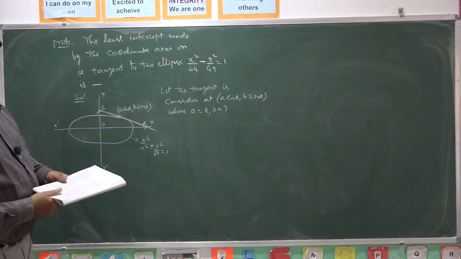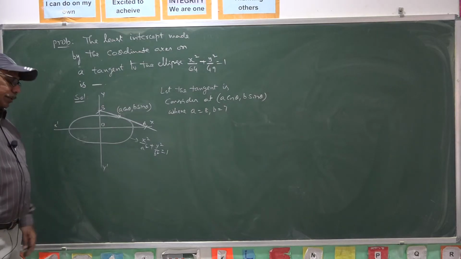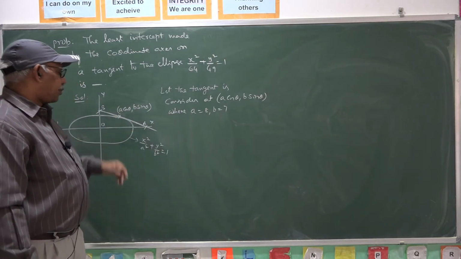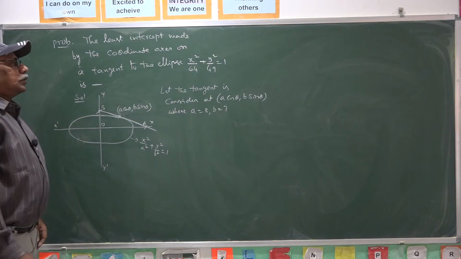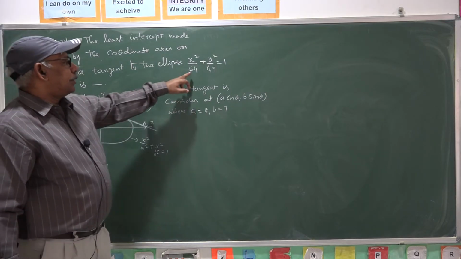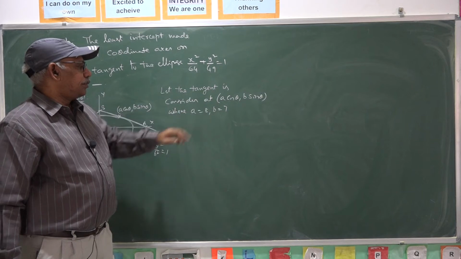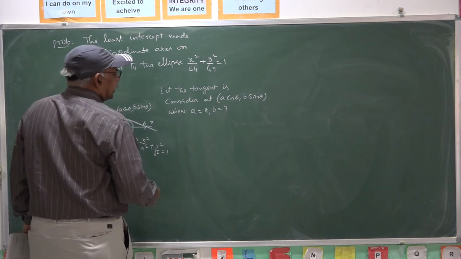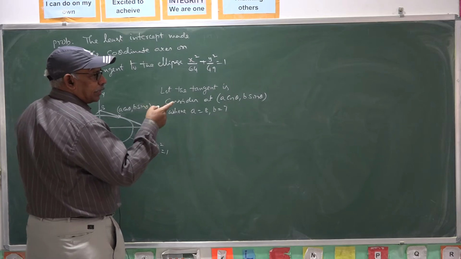Once you generalize the problem, for such problems you can get a formula. Here we have a equal to 8 and b equal to 7. Let the tangent be considered at the point.